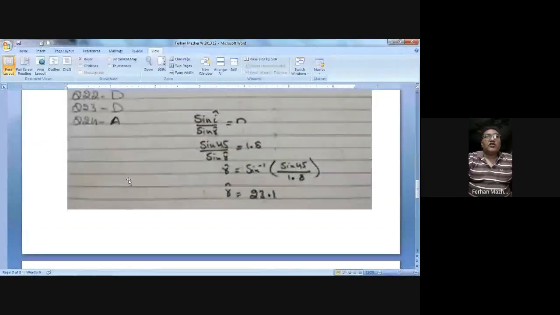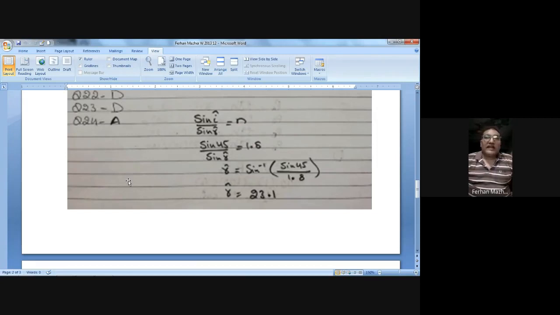Okay, on your screen you can see question number 24. n is equal to sine i by sine r. The value of i is given, so I will put that value. The refractive index n value is also given, 1.8. So sine 45 divided by sine r equals 1.8. So r will be the sine inverse of sine 45 divided by 1.8.